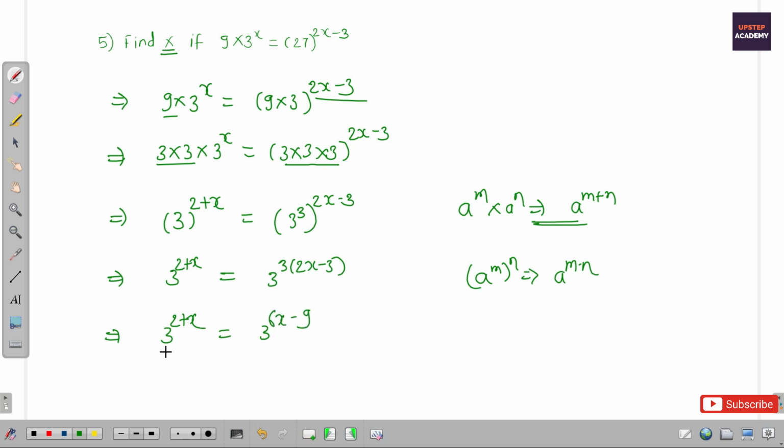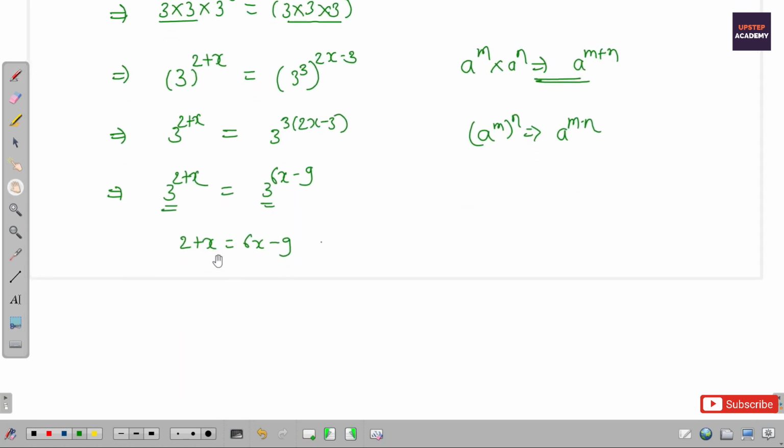So here you can see the base is the same on both the sides, and we can simply equate the powers. So what will be the equation we will get? 2 plus x equal to 6x minus 9. If we solve this equation we will get the value of x. So now we have to take this x on the right hand side and this 9 on the left hand side.